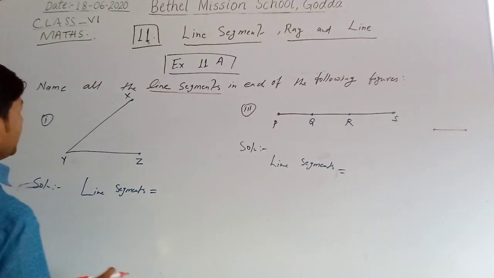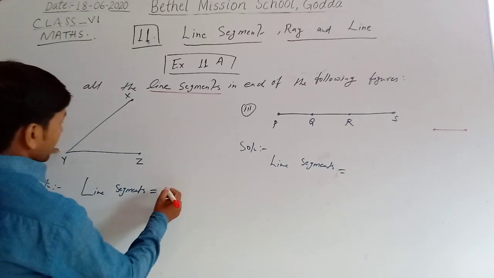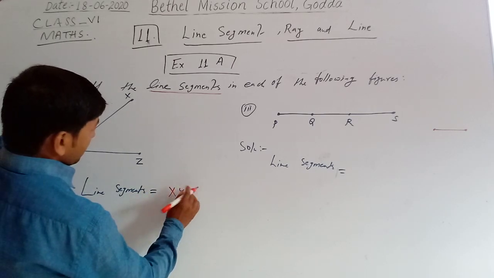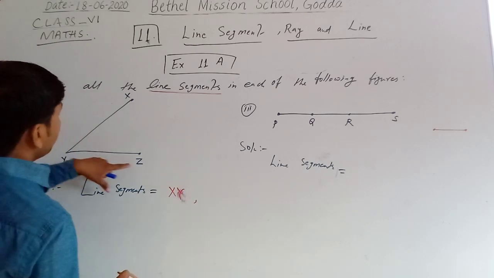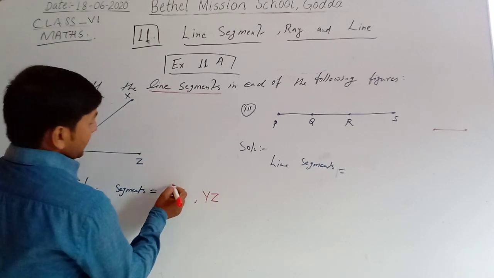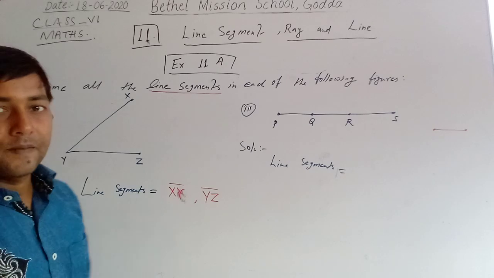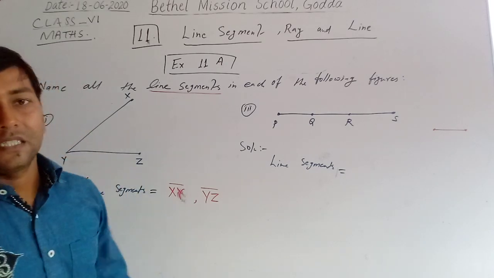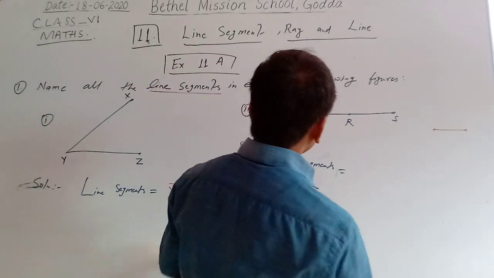Okay, so how many line segments here? We can write XY and YZ. And this is the symbol of line segments. Only two line segments.